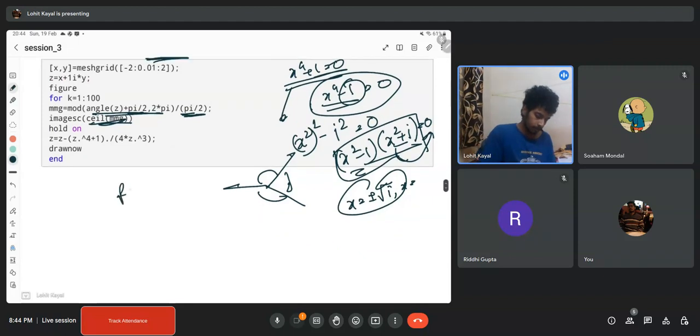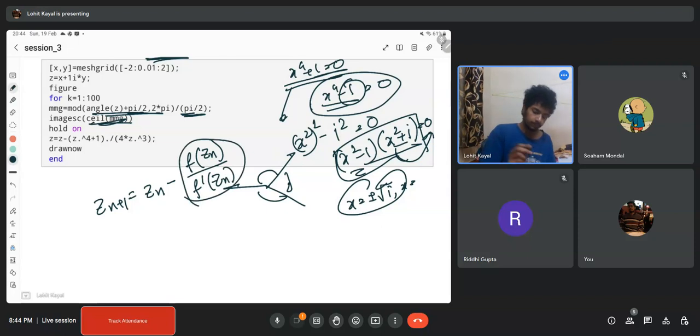I am using the Newton-Raphson formula: Z n plus 1 equals Z n minus f of Z n by f prime of Z n. Okay.